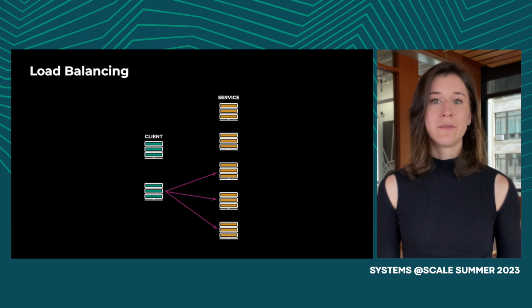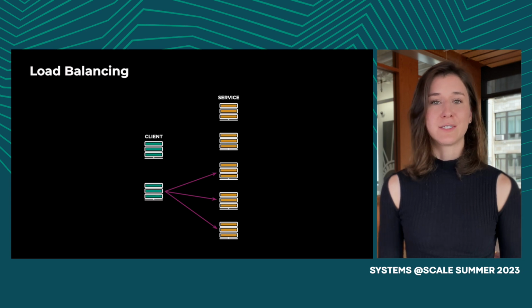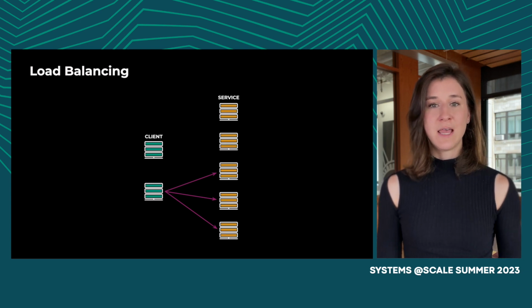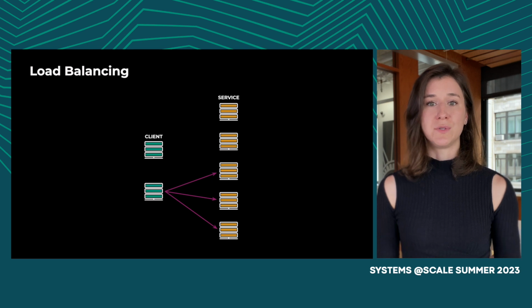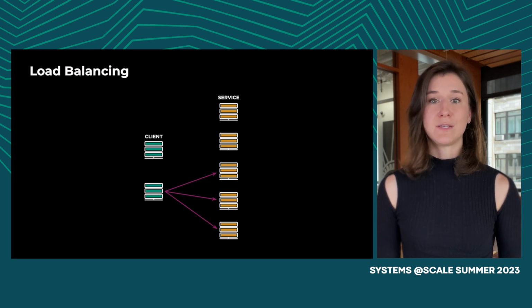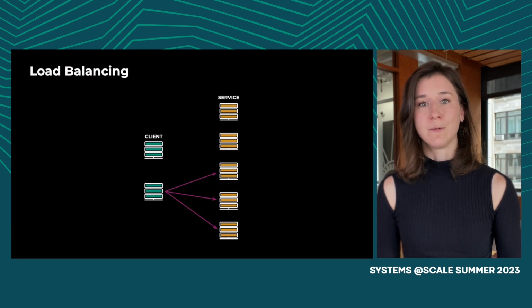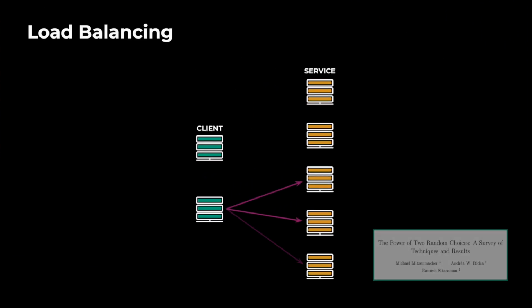Once again here, the brute force option is that the client talks to each of the hosts in its selection and compares the load across all of them to choose the least loaded. But this also becomes expensive because we're talking to every backend server. In fact, there was a famous research study in 1996 called The Power of Two Random Choices, which postulated what would happen if we instead chose 2 hosts at random first and only compared the load amongst those 2 hosts.